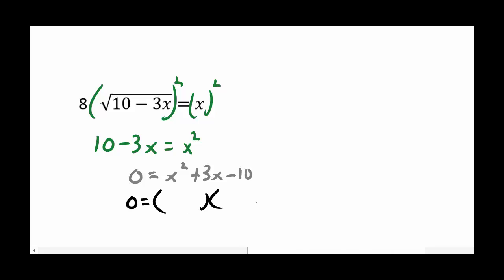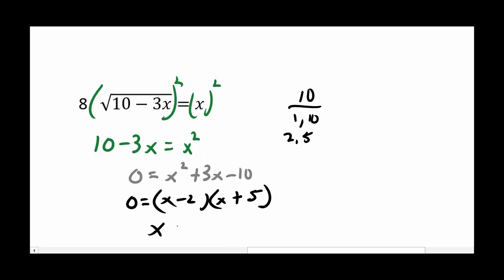Then I want to try to factor. So I need, let's see, 10 would be 1 and 10, 2 and 5, and that's it. And there are two numbers that have a difference of 3, and so I can see that if I make the 5 positive and the 2 negative, then when I multiply it out, I get x squared minus 2x plus 5x, so that I would get a positive 3x out of that.